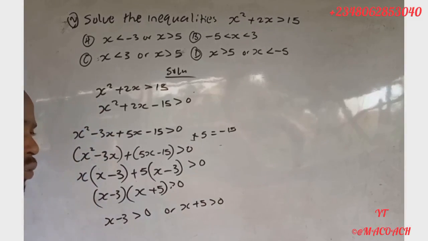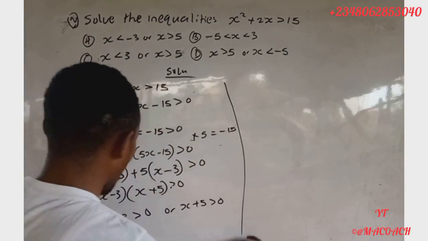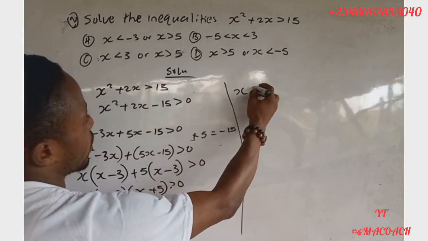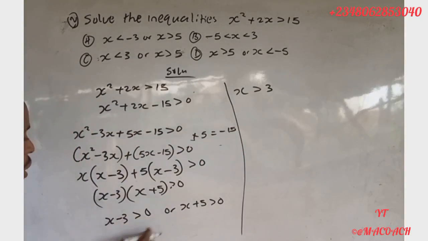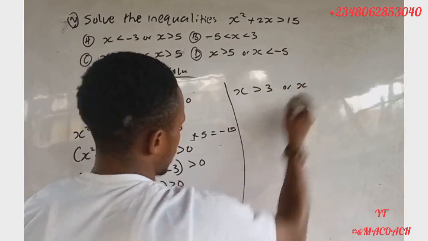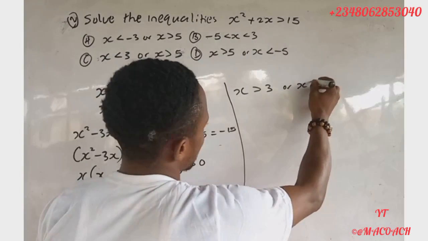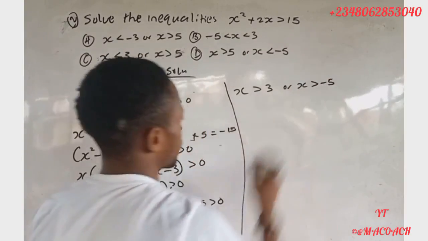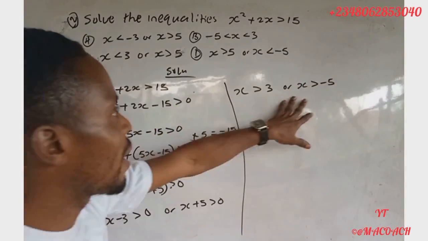To make s the subject, let's take this minus 3 to the other side, so it becomes plus, and s is greater than 3. Same thing here, the plus 5 goes to the other side as minus 5, so s is greater than minus 5. This should be our answer.